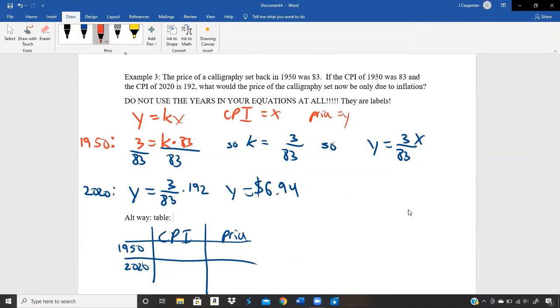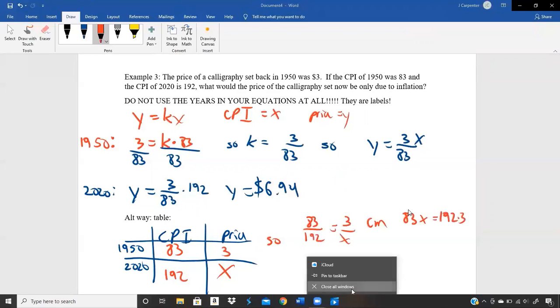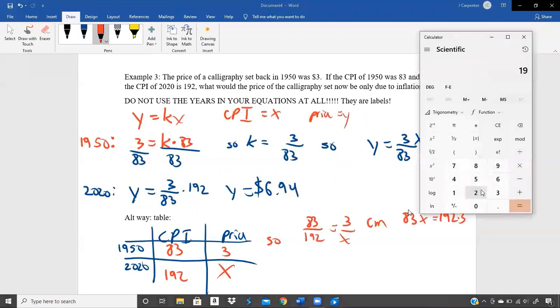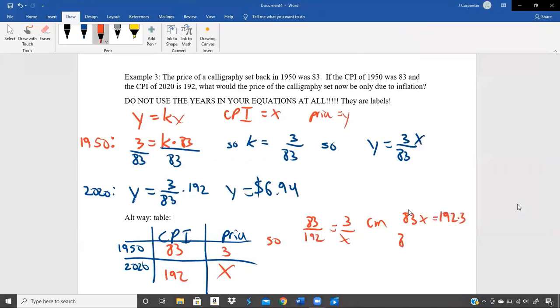The CPI for 1950 was 83. For 2020 was 192. The prices that we have, we know in 1950 it was $3. That makes this the X. So we do 83 over 192 equals 3 over X. We cross multiply, which gives us 83X is equal to 192 times 3. 192 times 3 is 576, so that's 83x equals 576.